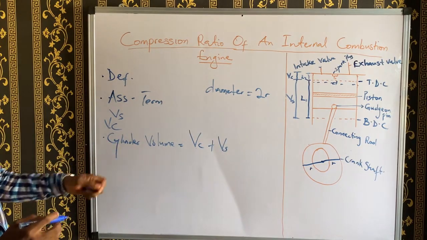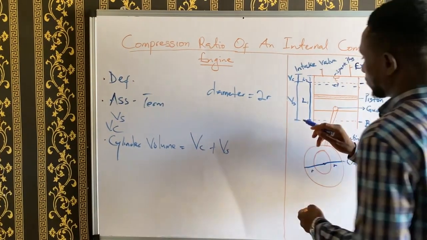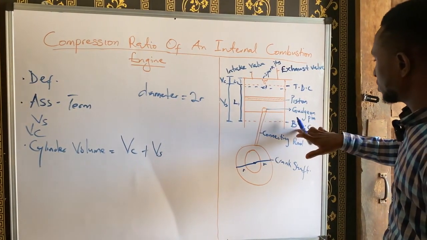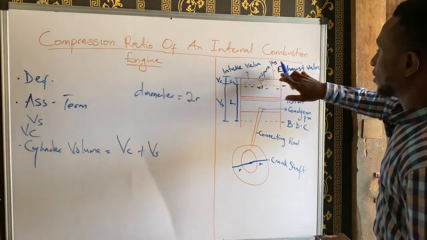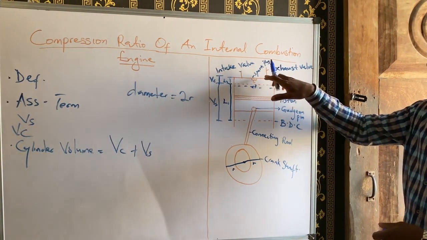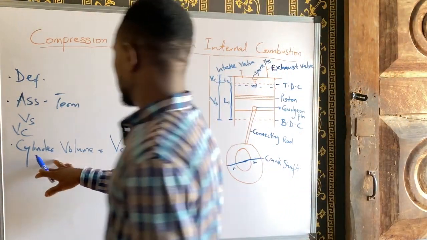So that's our cylinder volume. The cylinder volume is the total volume when the piston is at BDC, up to the bottom of the cylinder head. That is our cylinder volume.